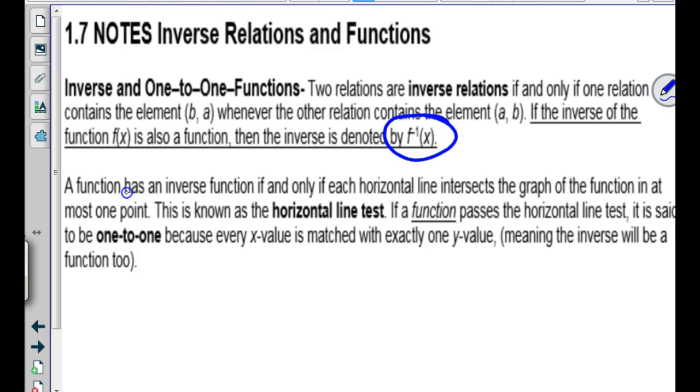A function has an inverse function, not a relation, but a function, if and only if it passes a horizontal line test. If a function passes the horizontal line test, it is said to be one-to-one because every x has only one y. It passes vertical and horizontal line test, meaning the inverse will be a function too.